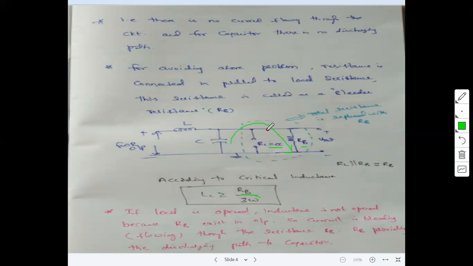When the load is open, if someone touches the open circuited terminals, he does not experience any shock, because the capacitor voltage is discharged through resistor RB. So this resistor RB is called the bleeder resistor. Here bleeder means discharging the capacitor voltage. This is the main purpose of the bleeder resistor.